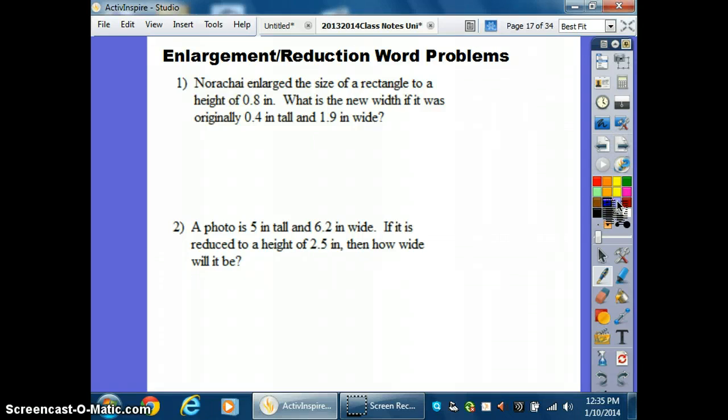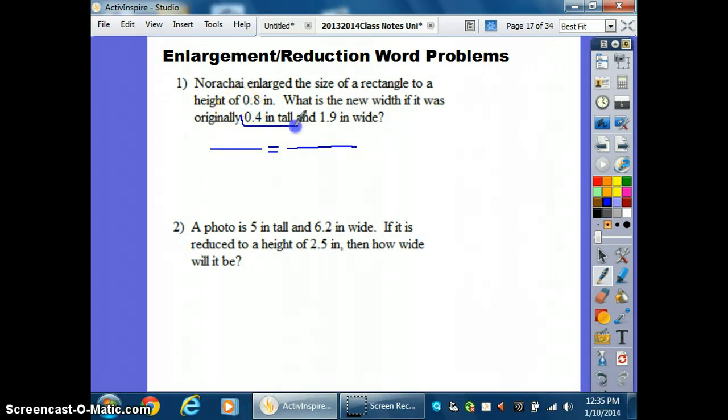Narachi enlarged the size of a rectangle to a height of 0.8 inches. What is the new width if it was originally 0.4 inches tall and 1.9 inches wide? Again, I really would like for you to use labels.